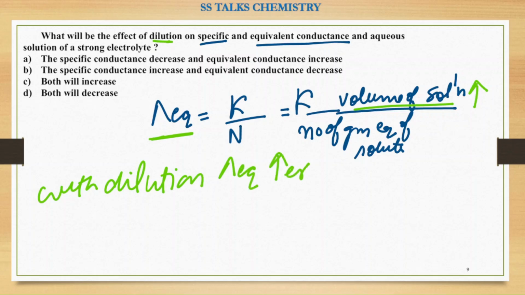Whereas if you observe, with dilution the specific conductance is going to decrease. The reason is that specific conductance means how many ions you have in a particular volume.